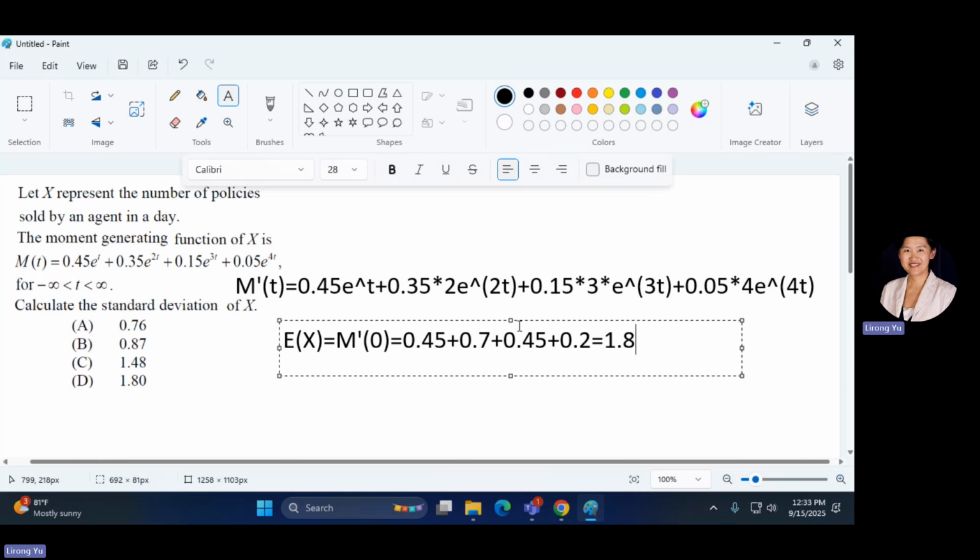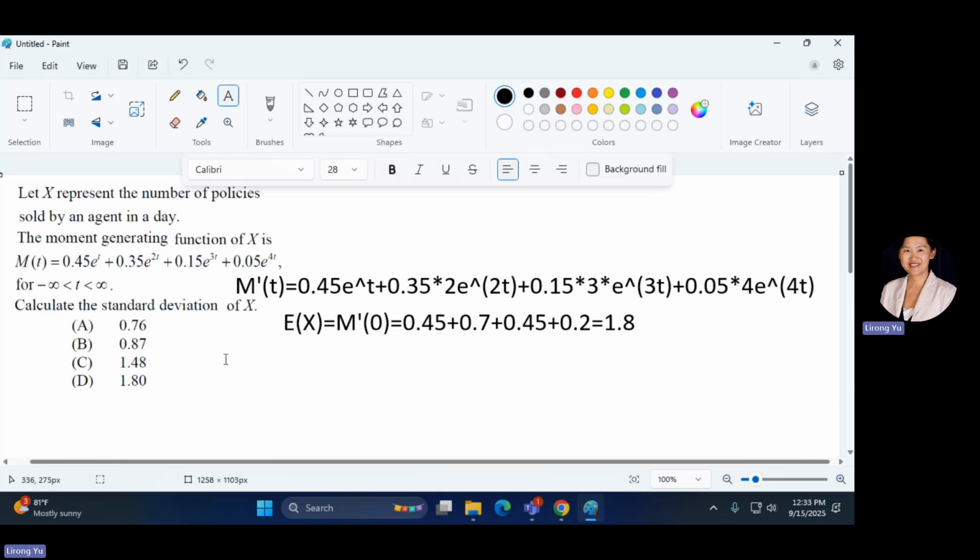Okay, so then we also have to find the expectation of x squared. For that, we need a second derivative, which is the derivative of the first derivative. That again is 0.45 e to the power t plus, you have to times another 2, so it's 1.4 e to the power of 2t.